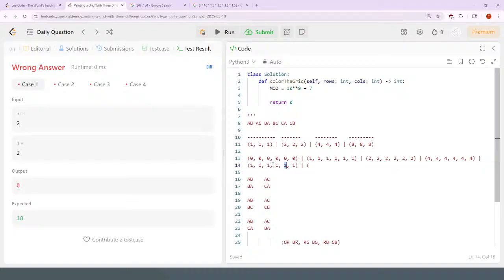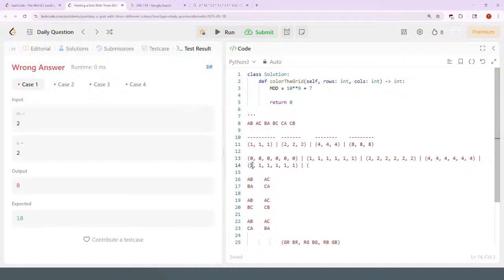But then that just gives me this row. And then it needs to be vertical. No, actually, am I actually constructing something vertically right now?